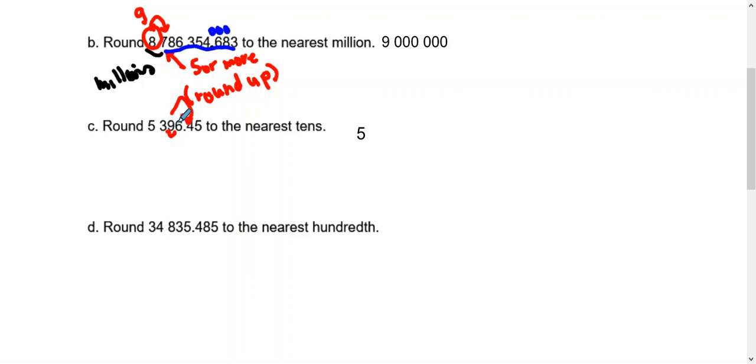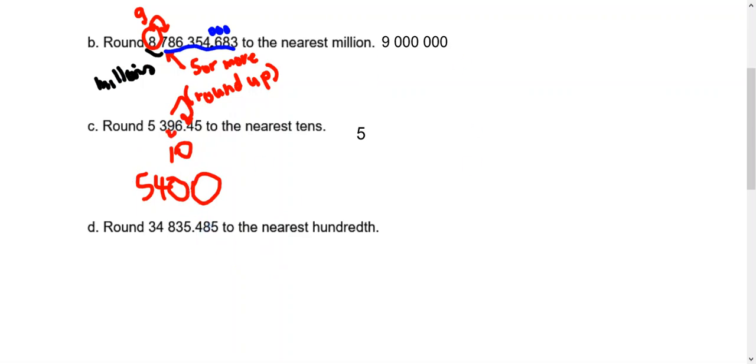That 6 is 5 or more. So that 9 will become 10. It's almost like saying that 39 rounds up to 40. So that's what would be my answer. After that 9 becomes 0, that 6 becomes 0. Now you can move up.